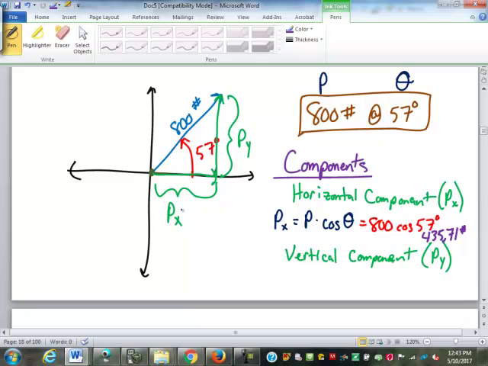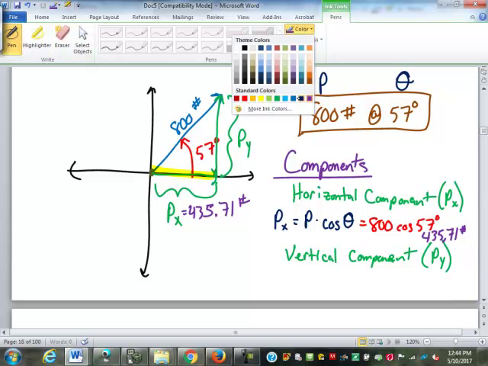So what that's saying is 435.71 pounds in that horizontal direction. The horizontal component. This piece right here.